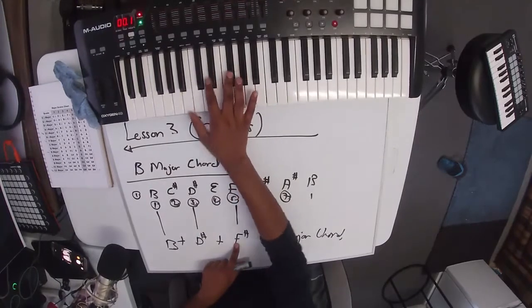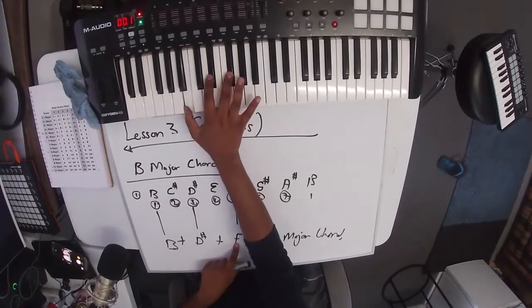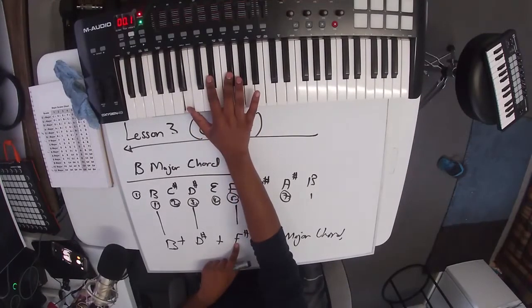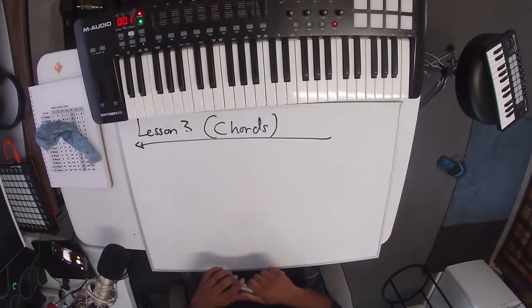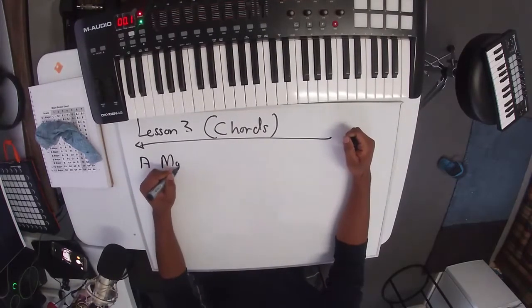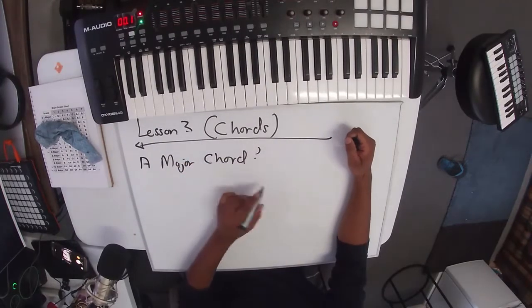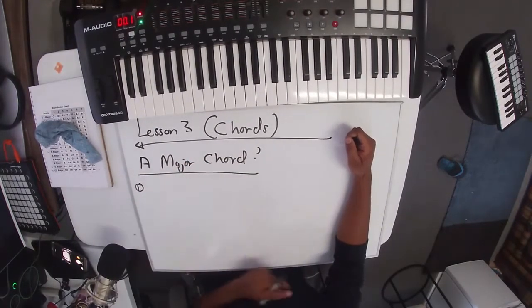So remember, it's C major chord, B major chord. Let's do one more: A. Step 1, A major scale. Tone, tone, semitone, tone, tone, tone, semitone.